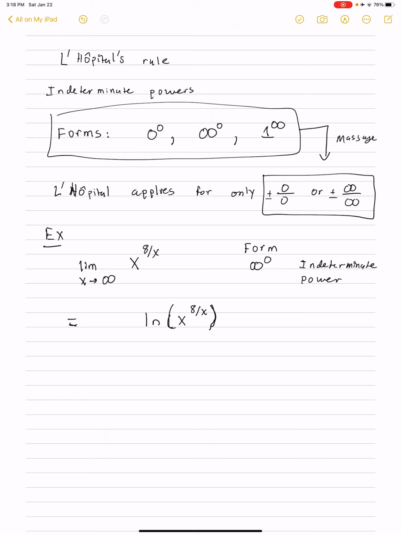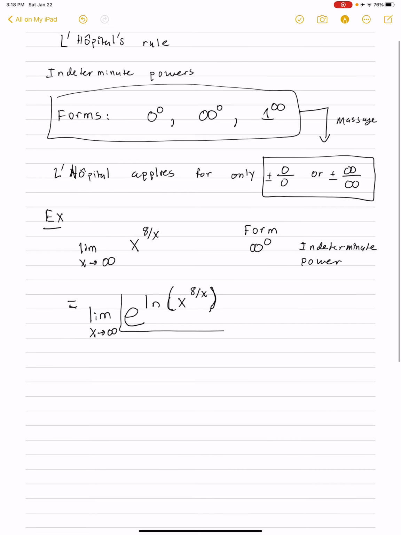I just took the natural log, so I better undo it. The exponential is its inverse. So double check that this quantity is equal to that quantity. Those two that I just boxed, they are because of inverse properties.